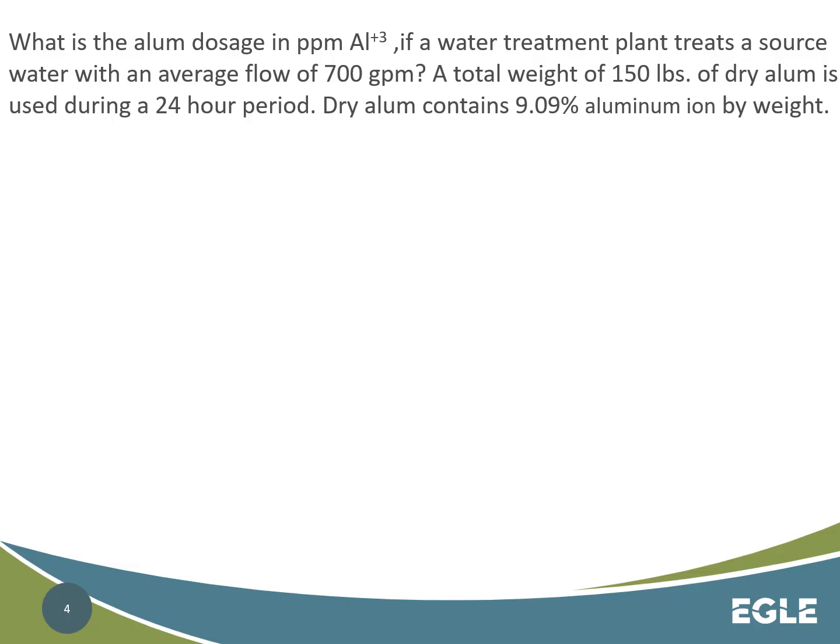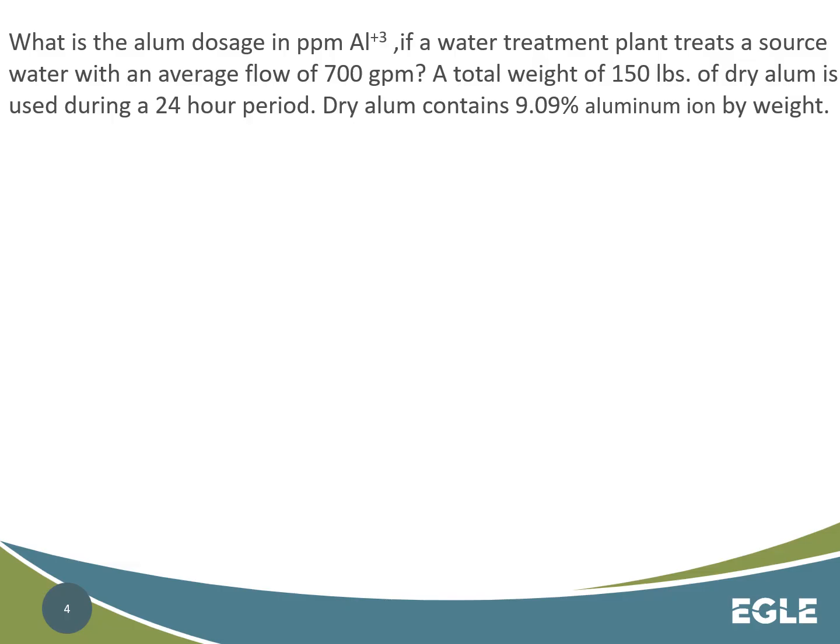So with dosage calculation problems, you want to start initially with finding your million pounds of water, because we're going to be using our parts per million equation, and the pounds of water must be in million pounds of water for you to get the correct answer, right?